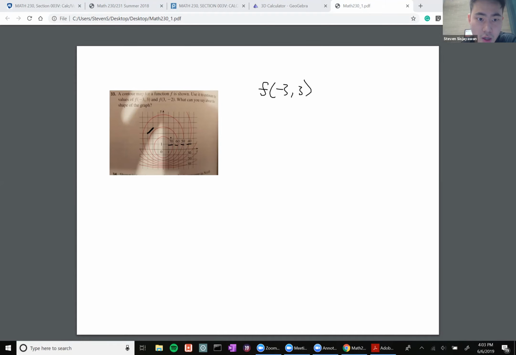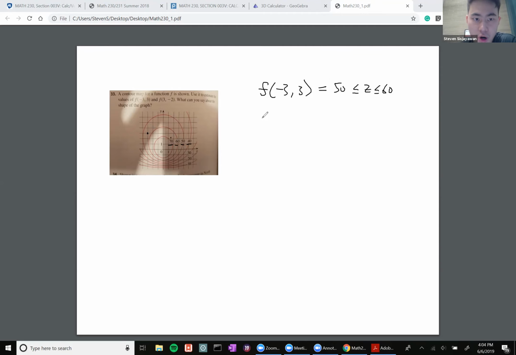This will map to a z value between 50 and 60. Remember, these contour lines represent the height, or the z value, of that surface. So this will roughly be between 50 and 60, and we can say roughly 55.